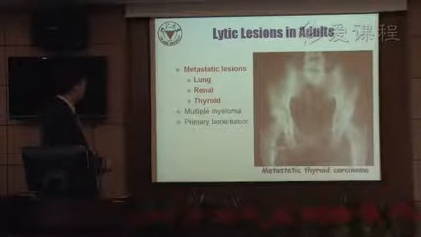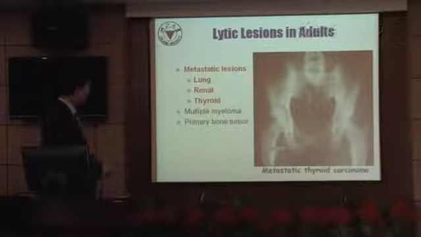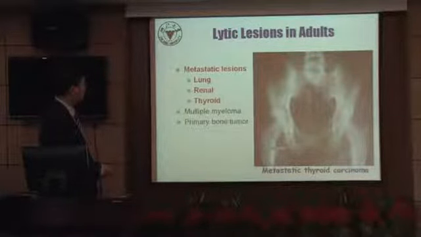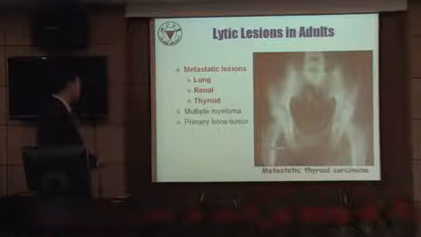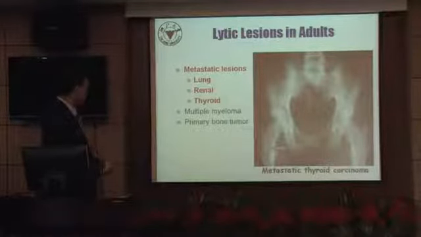And if lytic lesions happen in adults, we first consider metastatic lesions. They can come from lung cancer, renal cancer, or thyroid cancer. This picture shows metastatic thyroid carcinoma.